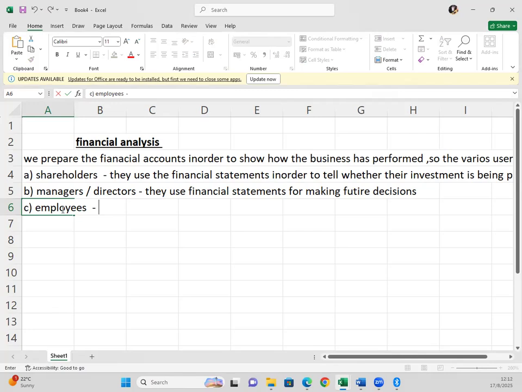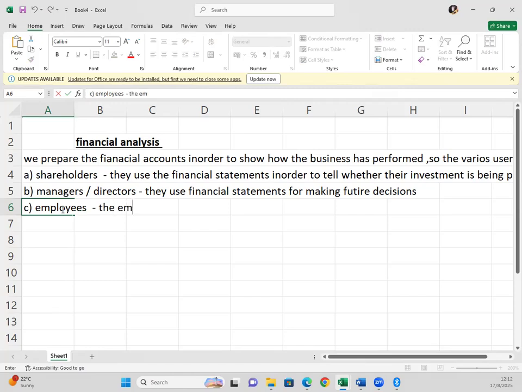It's something that can also give me motivation. It won't be something nice when the company hapana target yatakamita, we're making losses. So the financial statements, they are also used by employees.